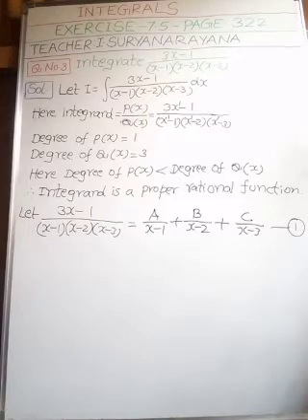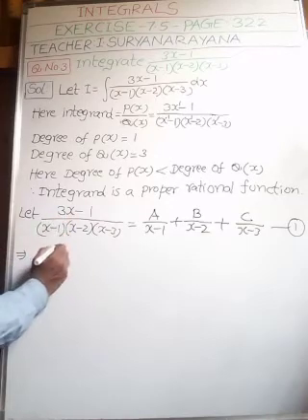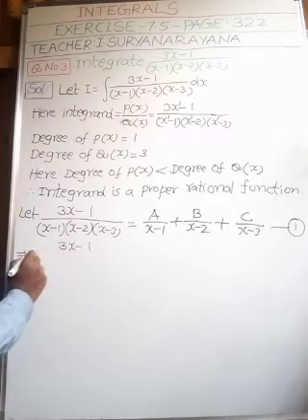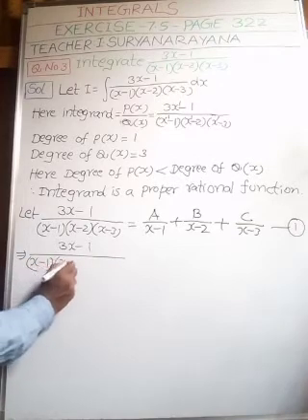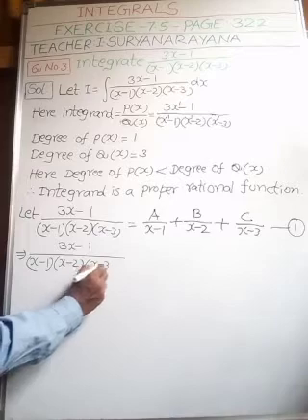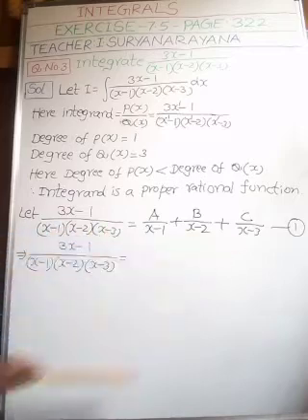Okay, my children? Right. So, this implies we write LHS as it is, (3x minus 1) by (x minus 1) into (x minus 2) into (x minus 3) is equal to, what we have done there, we have to find the LCM of the denominators.